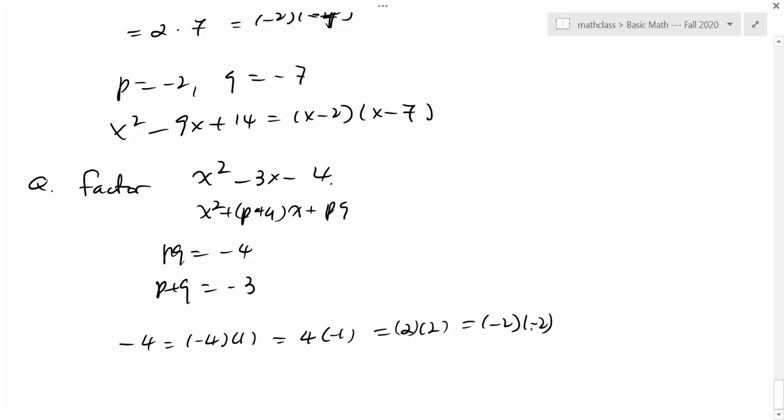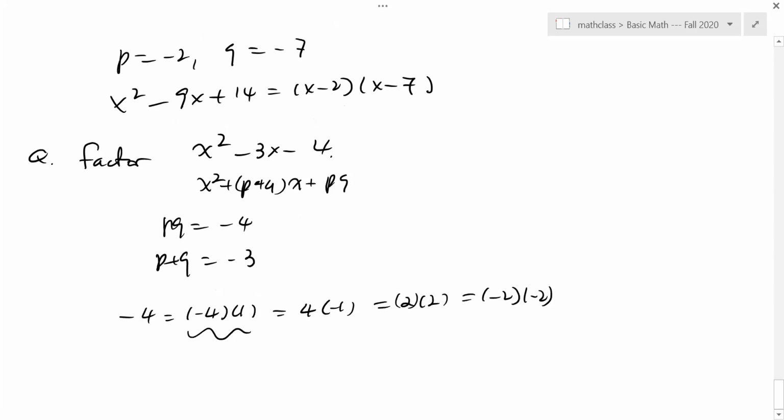Which one gives the sum of negative 3? I think it's this one. This gives us negative 3. So P can be negative 4. It doesn't matter which one is first. One is negative 4, the other one is positive.